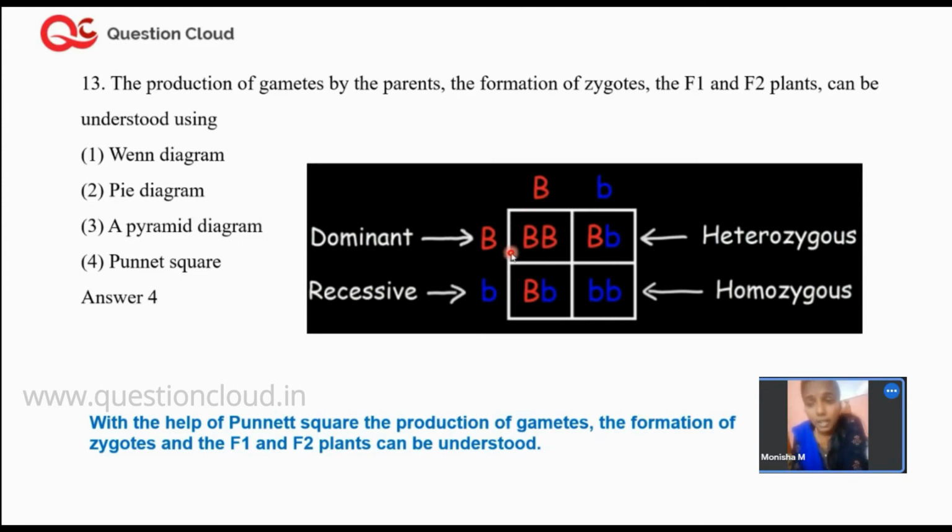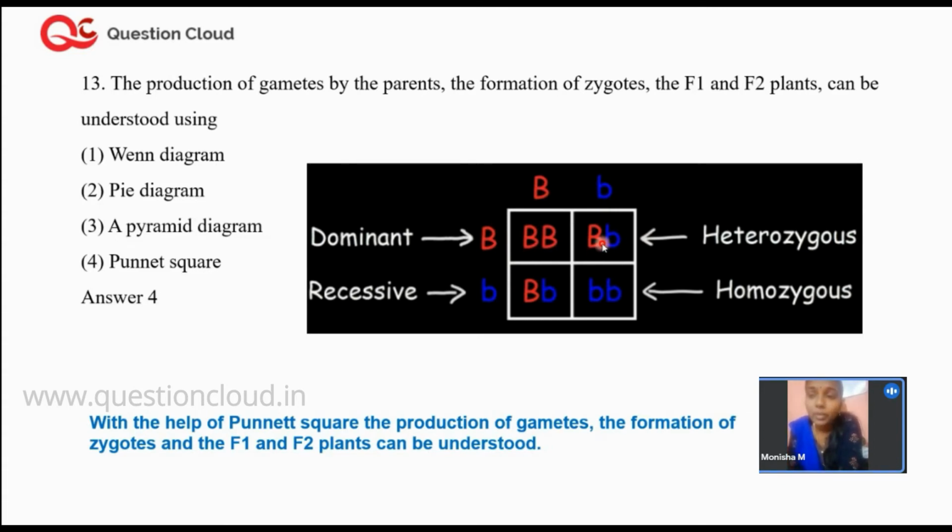Suppose the father is capital B and the mother is small b. When the two gametes fuse, the offspring or baby that is produced can be capital B, small b. That is nothing but heterozygous. Heterozygous means of the two copies of the gene, one copy does not match the other copy. This is called a heterozygous condition, and it is going to be dominant.